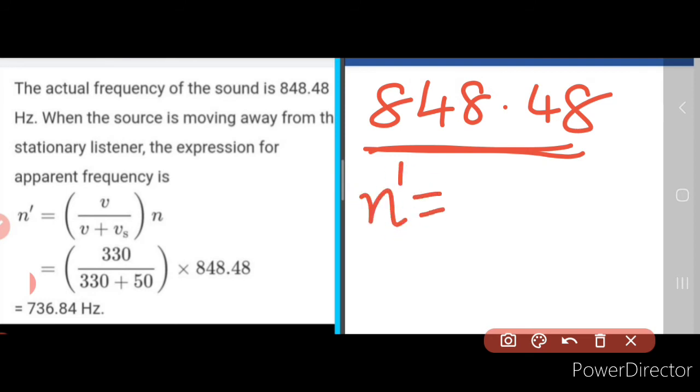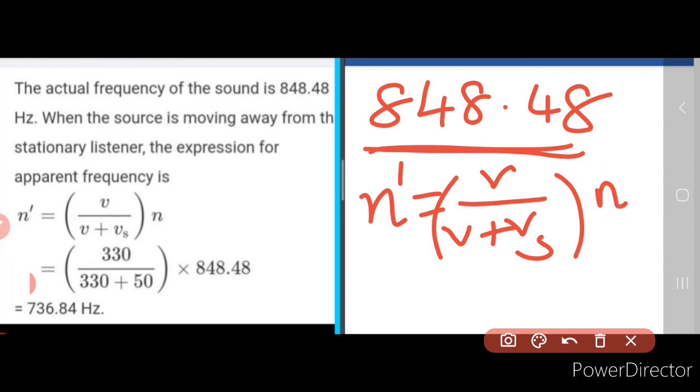Since the source is moving away from the listener, we use V divided by V plus Vs, because the source is moving away after crossing him. So this is V divided by V plus Vs into the frequency of the sound, that is what we have found out, isn't it?